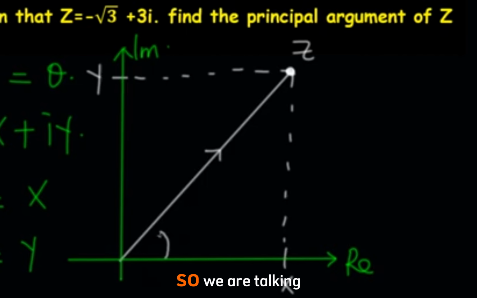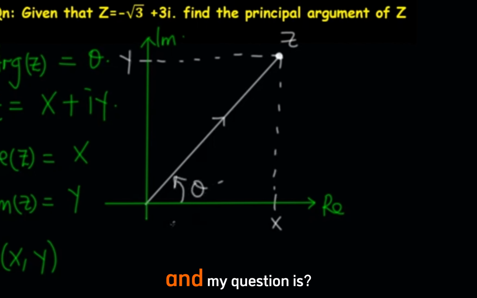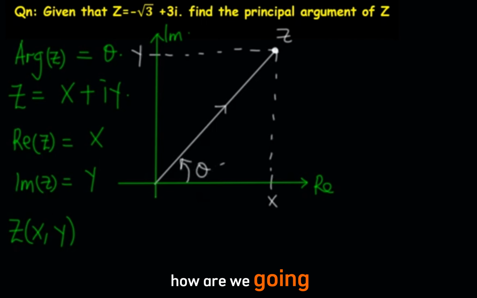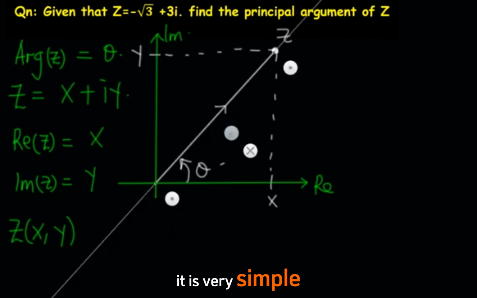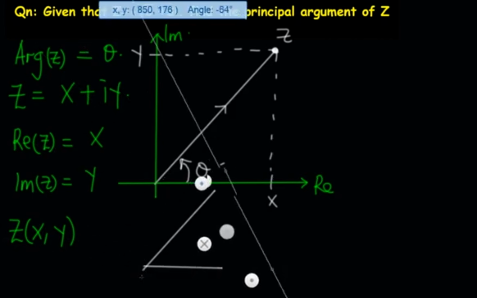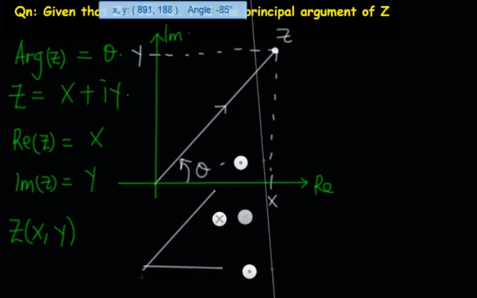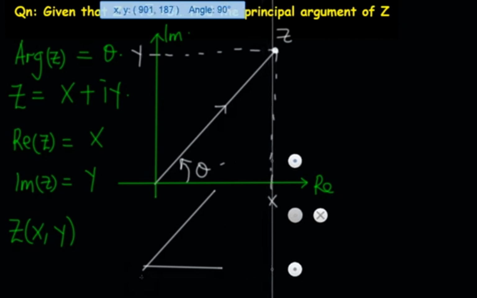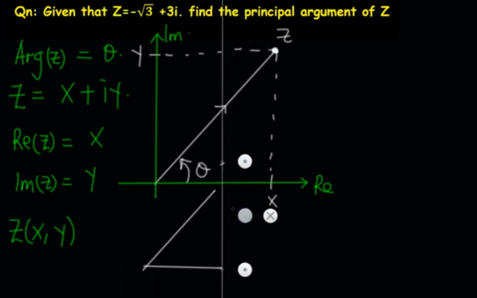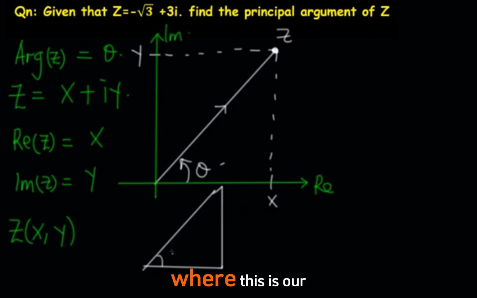So we are talking about this angle, and my question is, how are we going to obtain it? It is very simple. We are going to first extract a right-angled triangle, where this is our argument, this is y and this is x. Now to obtain the value of theta, we are going to use trigonometry.